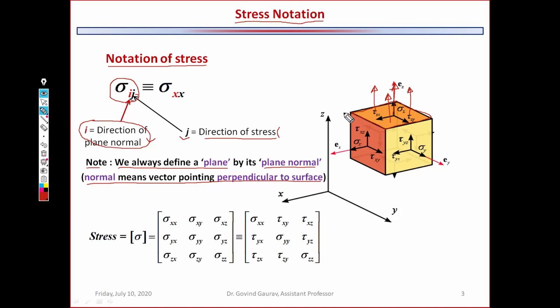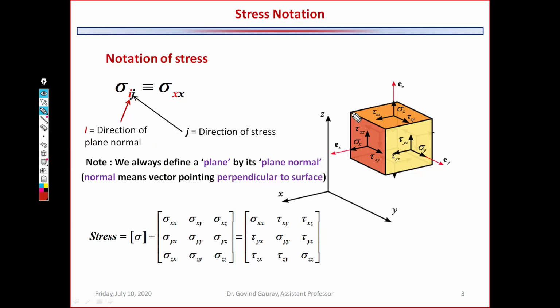If we consider this particular plane, then the normal would be perpendicular to this surface. Similar to this, if we have to define this other plane, in that case the plane normal will be perpendicular to this surface, which is acting in the y direction.